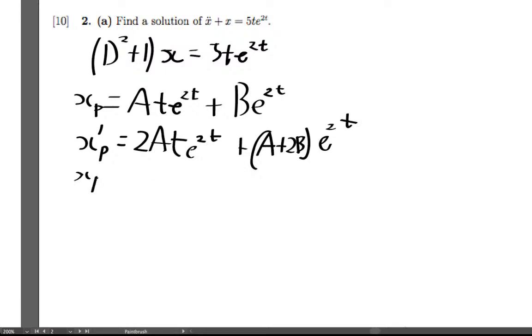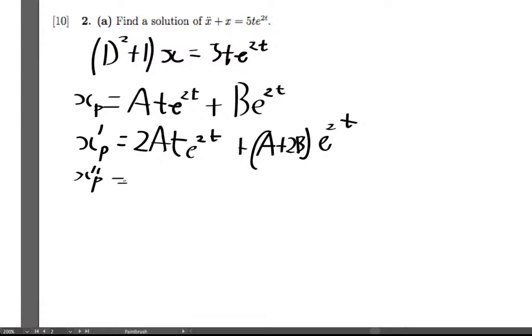So you go ahead and just do this there. Same thing on my iPad, just to make sure that this thing is correct and also fast. So t e to the power of 2t, same thing, that would be the product rule. That's 2a e to the power of 2t. Add this to 4a t e to the power of 2t.